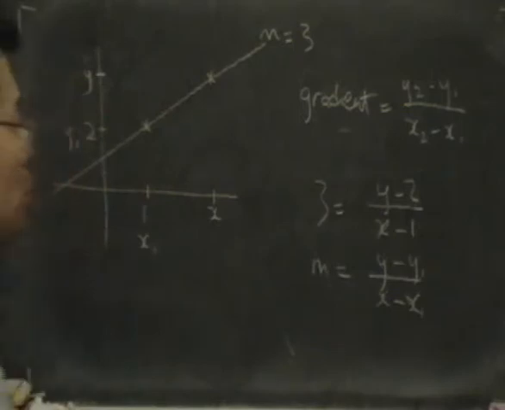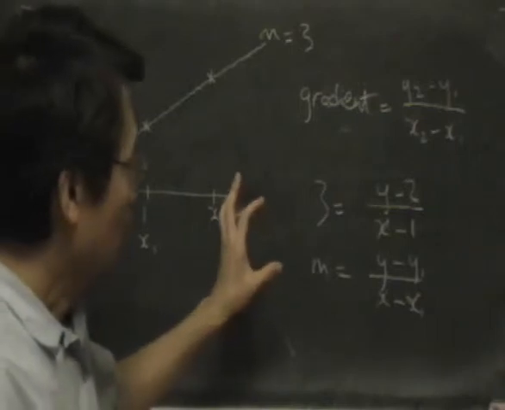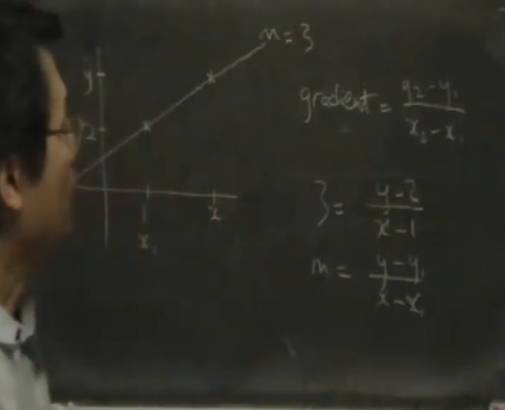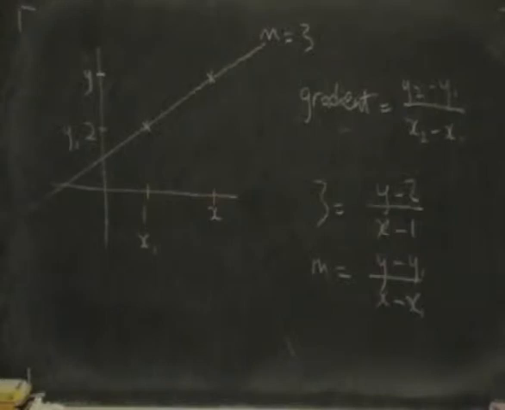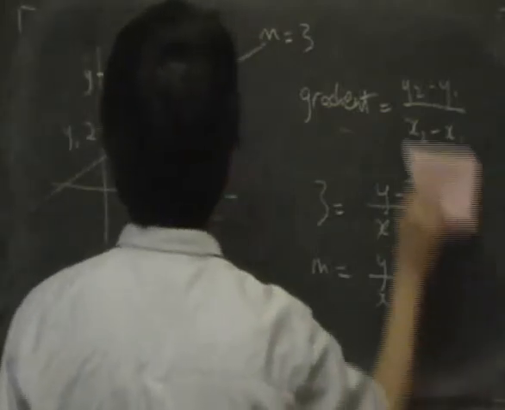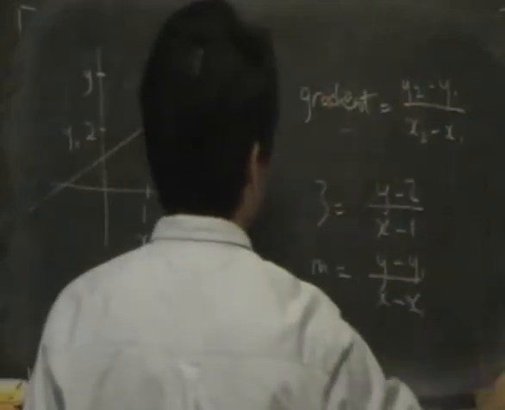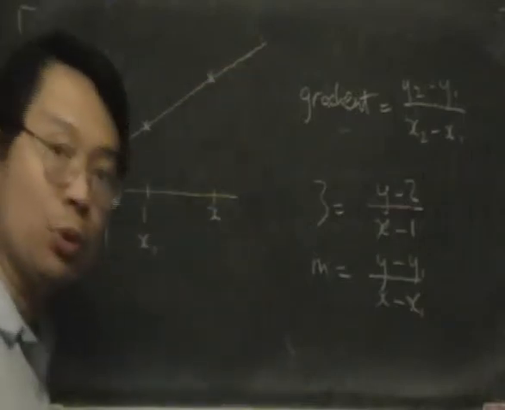Now the next thing I want to talk about is the different ways that we can write this equation. For example, suppose that instead of being given the gradient directly, I'm given the coordinates of another point on the line.